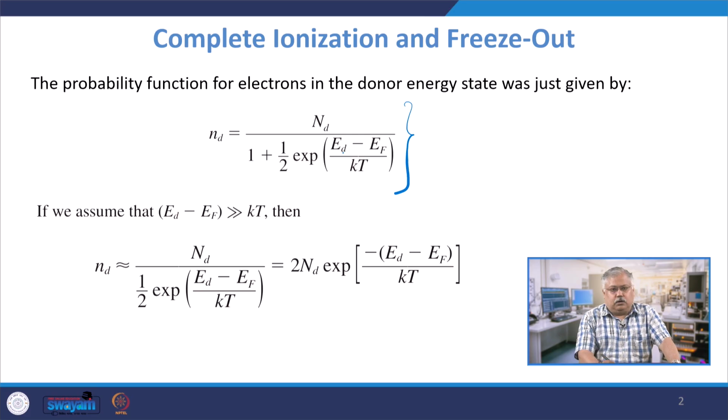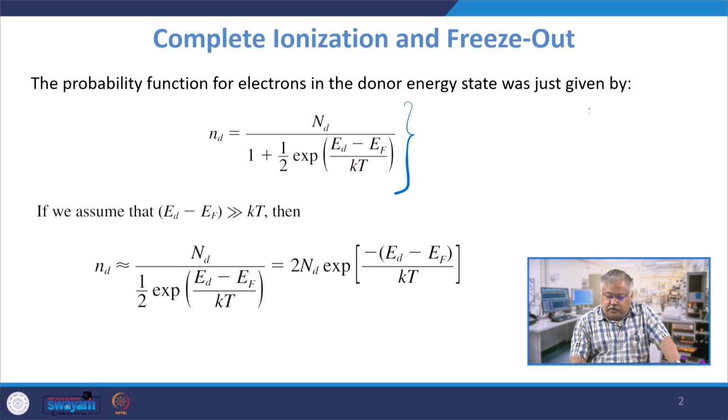Now if you look at the Fermi energy and the Fermi-Dirac potential, then we know that the probability function of an electron is given by this quantity, right? It is quite interesting that ED is the donor level and EF is the Fermi level.